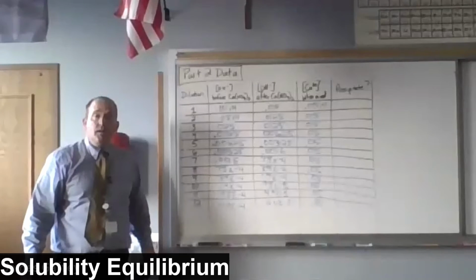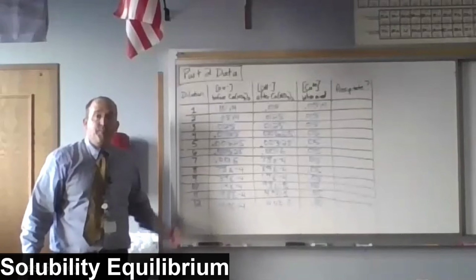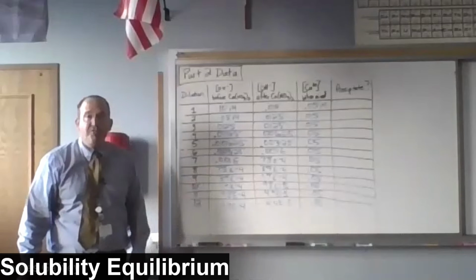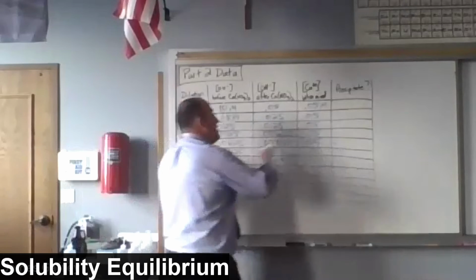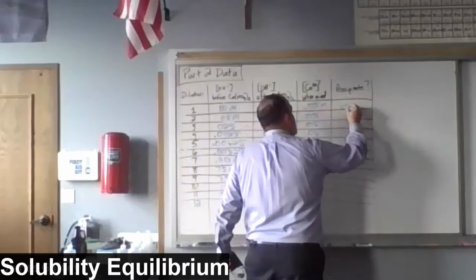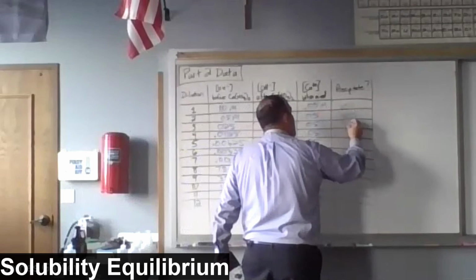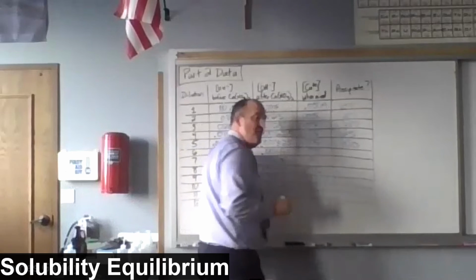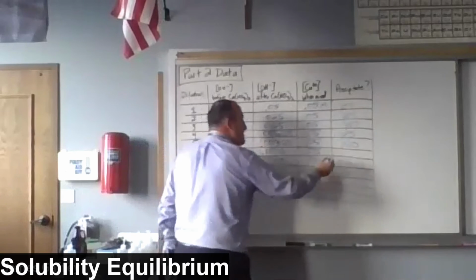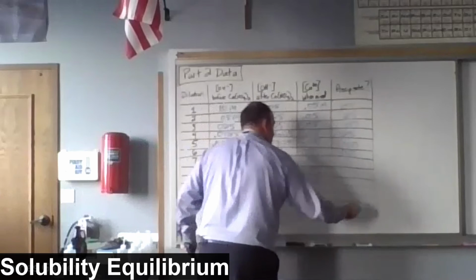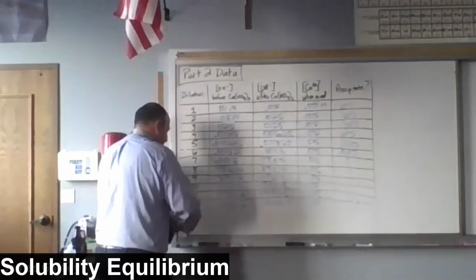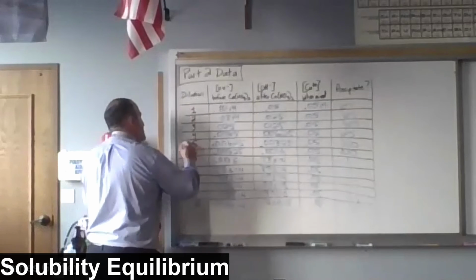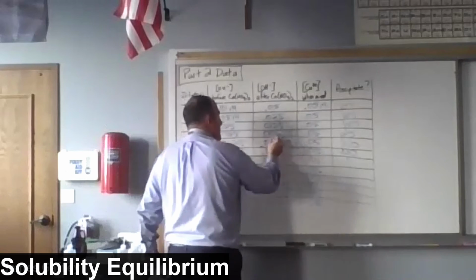Well, the first well that did not have a precipitate for part 2 of the reaction was well 5. So we'll write yes, precipitation, yes, yes, yes. And then the first one that was a no was well 5. And it's no's all the way down to well 12. So let's circle and star well 5 in this case.